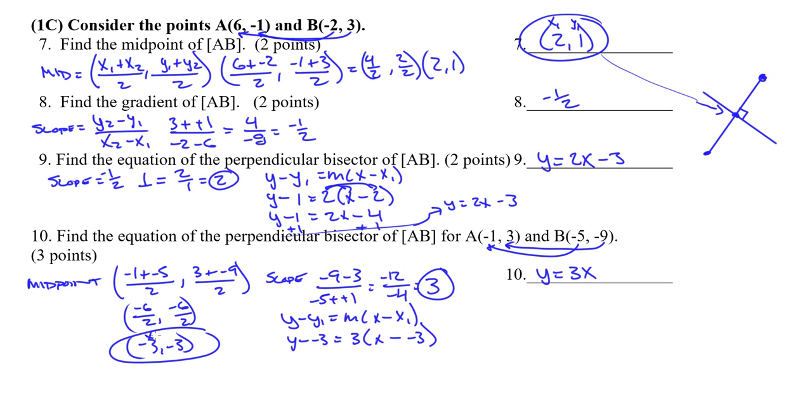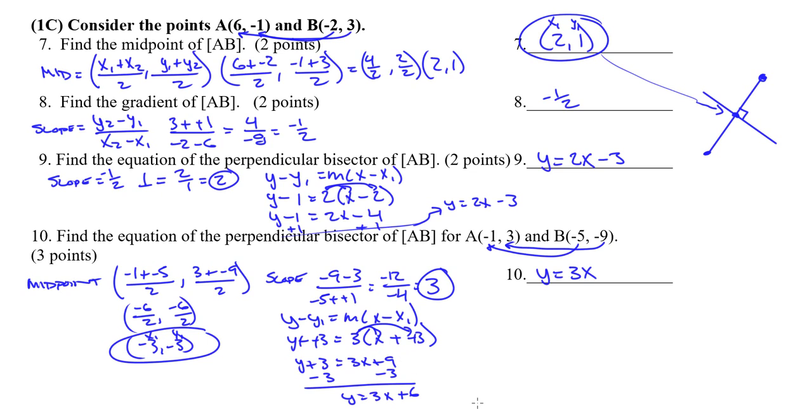Again, you have to use your midpoint for your x and your y. Turns into plus here. Y plus 3 is, distribute that 3 to both, and we get 3x plus 9. Subtract 3 from both sides, and we get y equals 3x plus 6, right?